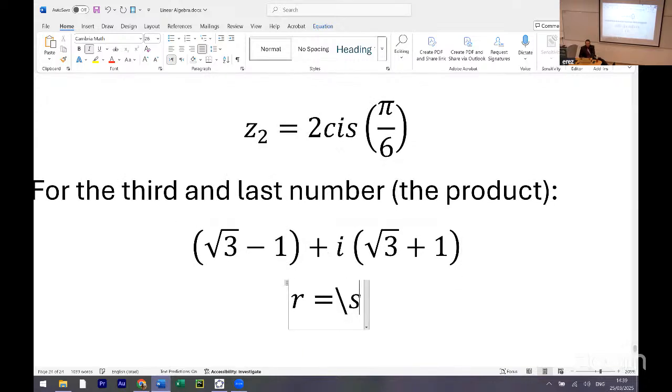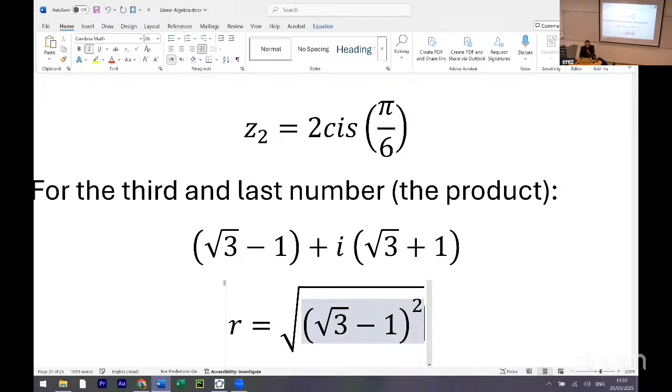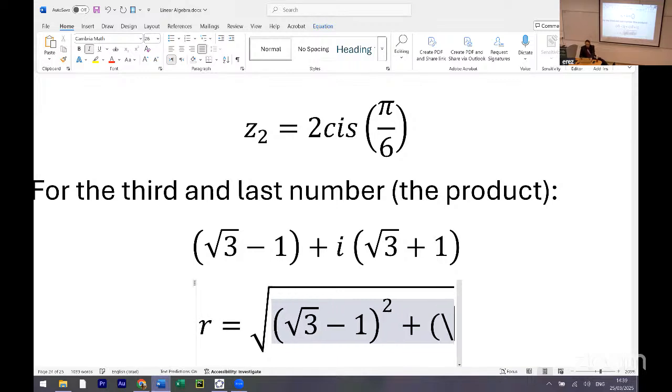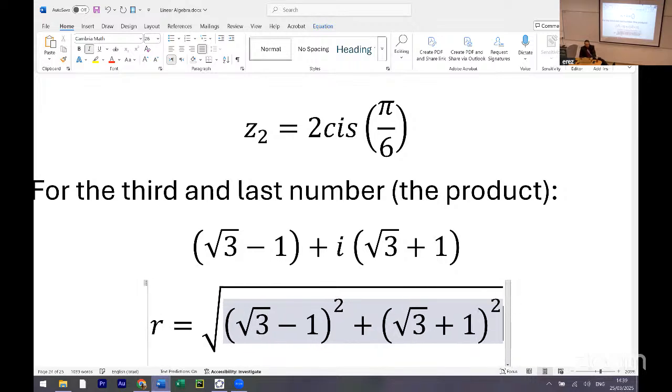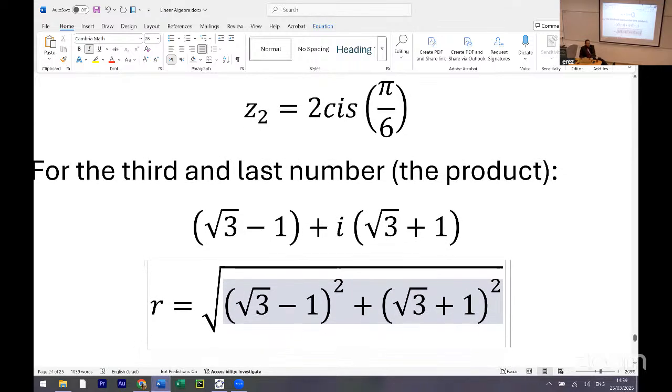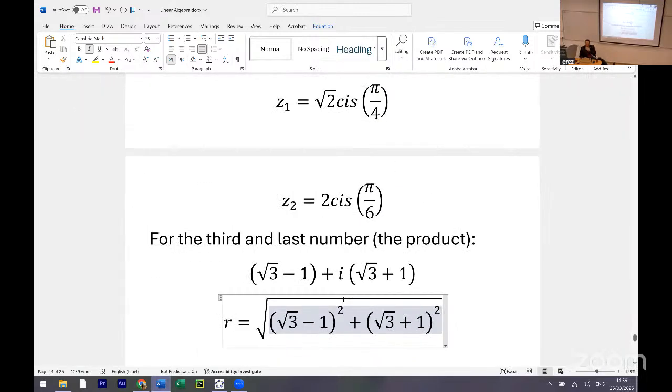So it's the square root of the square root of 3 minus 1 squared plus the square root of 3 plus 1 squared. Agreed? Can anyone who follows the lesson guess what the answer will be after I simplify it?